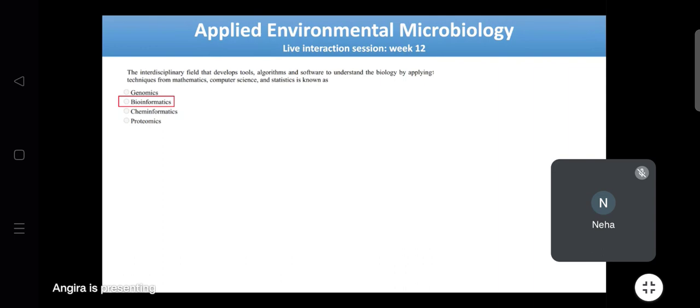What is bioinformatics? Can anybody tell me? So the brief idea is that, but are you aware of what happens in bioinformatics? Has anybody done bioinformatics hands-on?